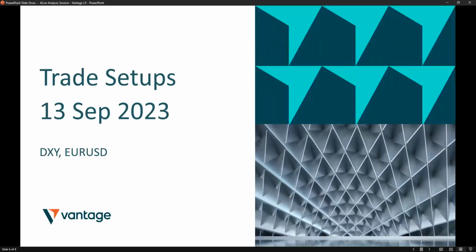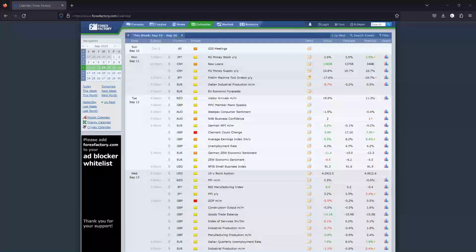Okay, so before we hop onto the charts, let's just take a look at the economic calendar first. So let me just bring that up. This is the economic calendar that we have. Let me just do a new share. I hope that you can see the economic calendar.